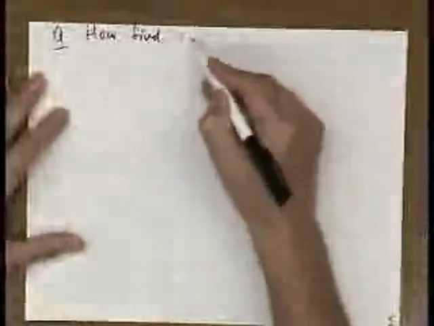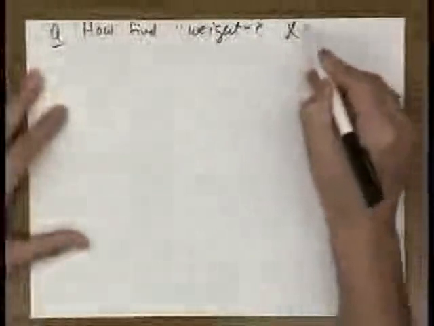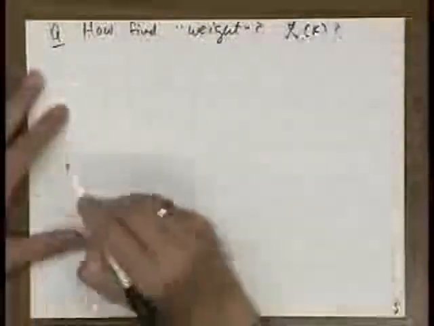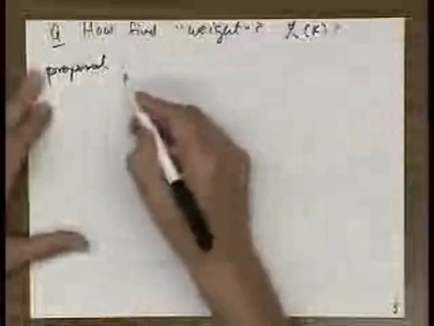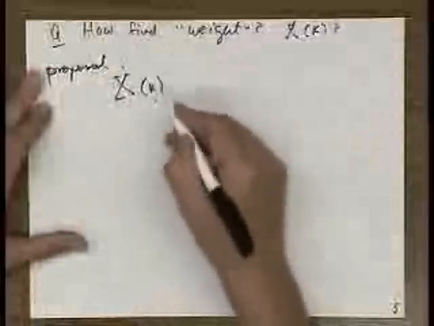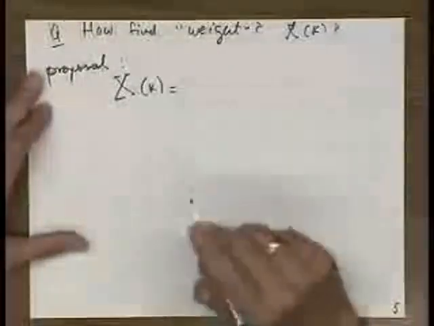The answer is, I'll give you a proposal, and then I'll prove to you that it's true. So the question is how to find the weights, which are really just x of k. Here's my proposal: x of k, which are those weights, can be computed, and how do you think we're going to compute x of k?